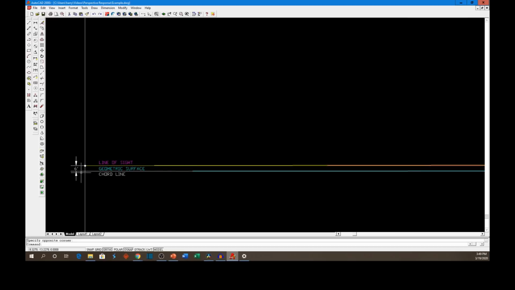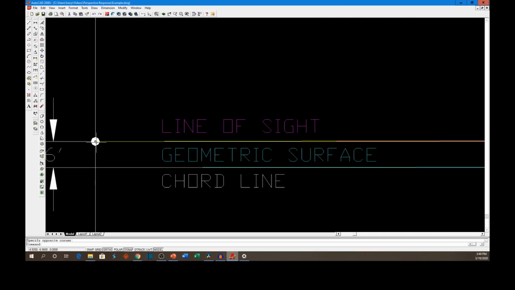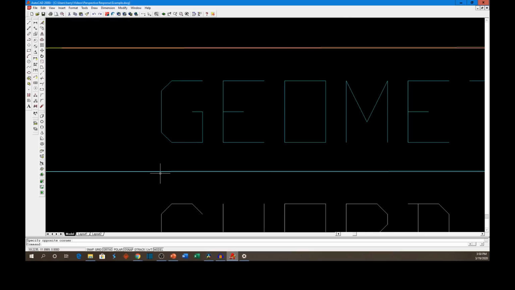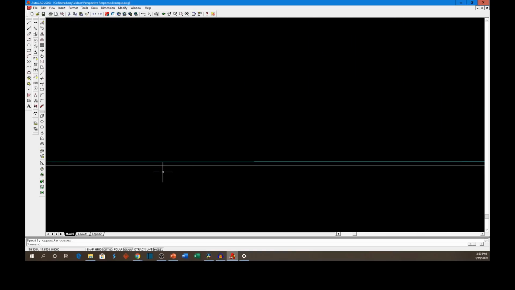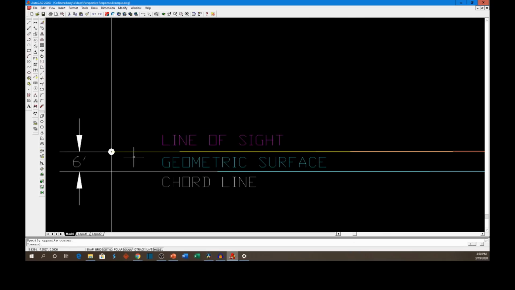Let's go back over here on this end. There's the observer, 6 feet, the center line of his eye, or the center line of the camera. Again, the white line is the chord line. The cyan line is the actual curved surface. If I zoom in, you can see it. There it is. And the magenta line is the line of sight.